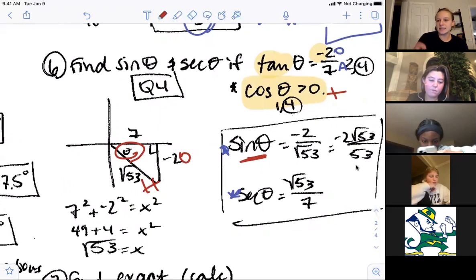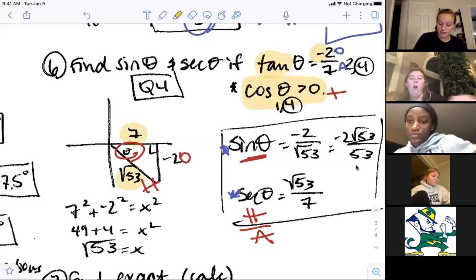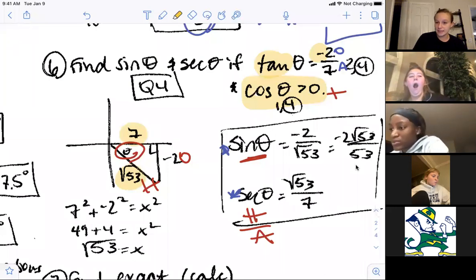And then secant is the reverse of cosine. We know cosine is adjacent over hypotenuse, so secant is hypotenuse over adjacent. So I had to do root 53 over 7. That's positive because cosine is positive in this quadrant, and sine is negative here, so that's why that's negative.